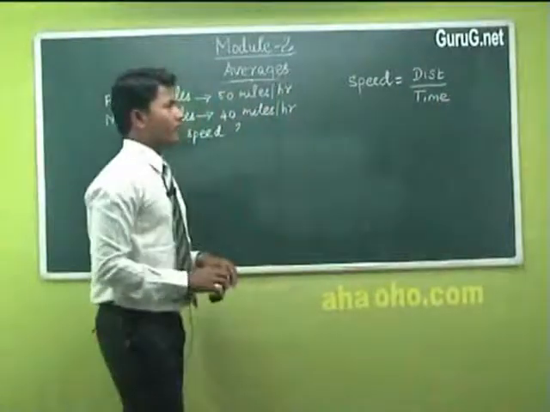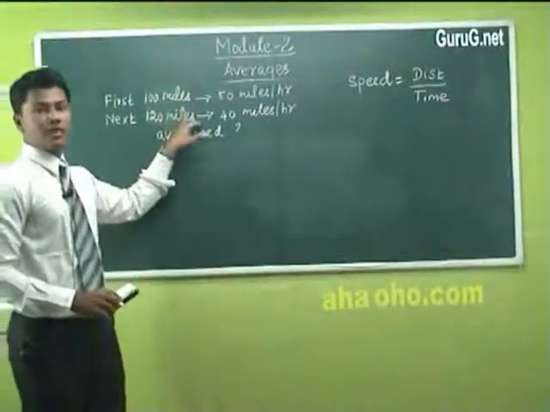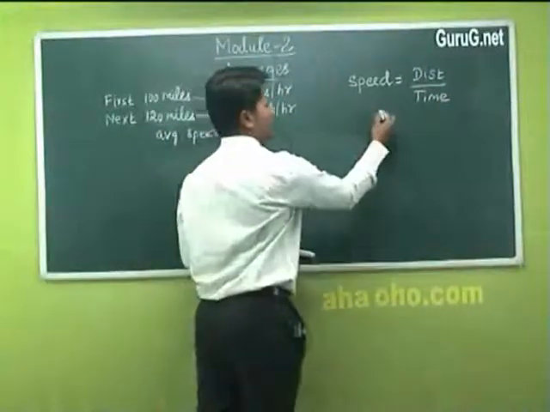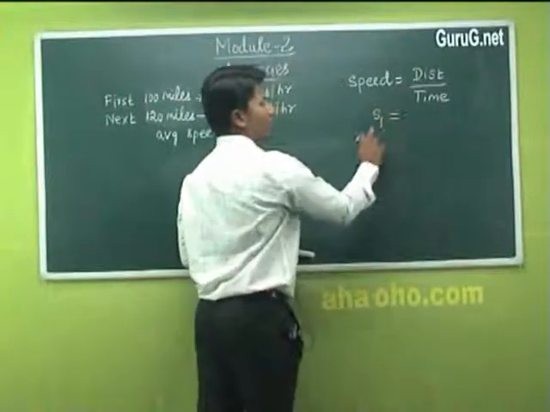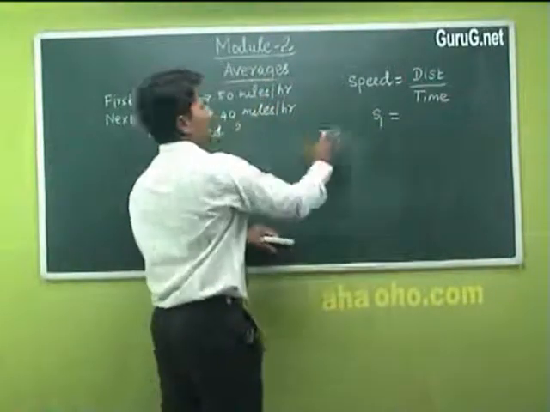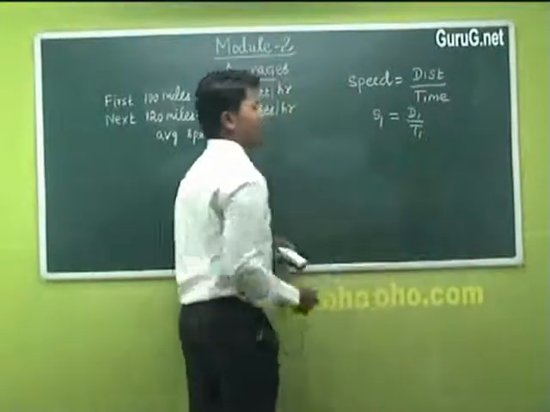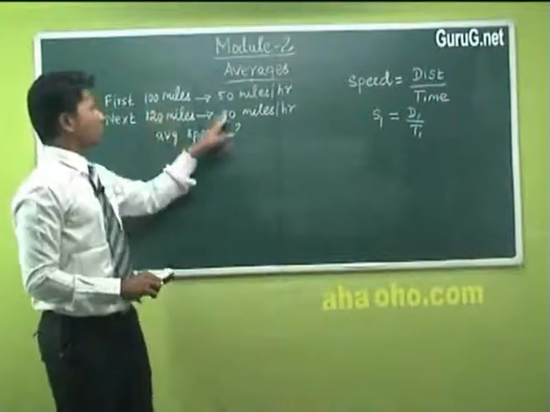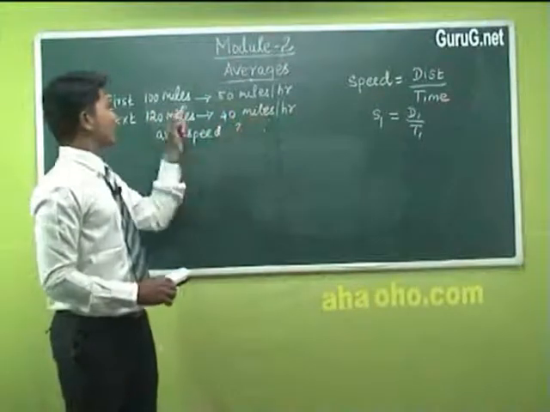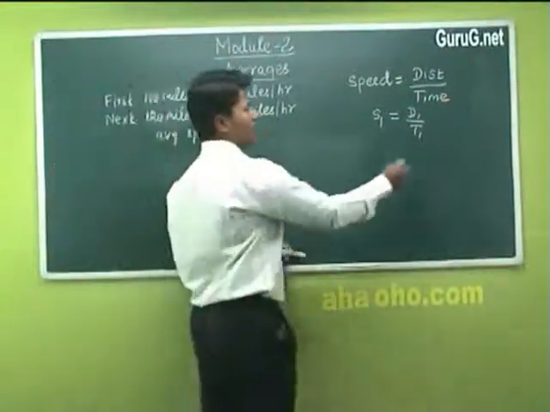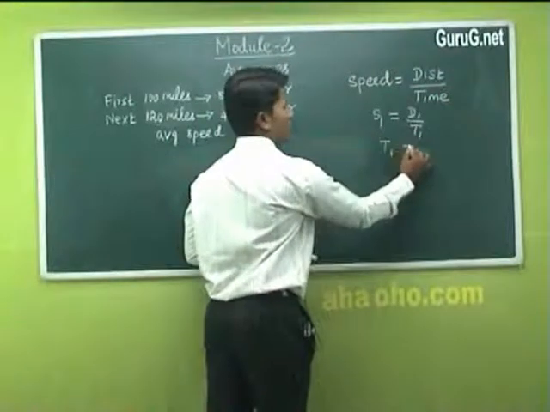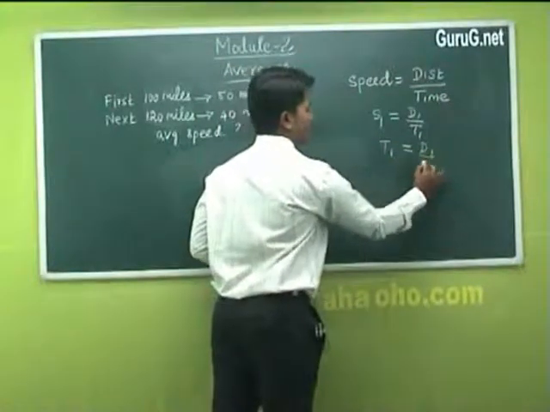Fine. So for the first distance 100 miles, you can find the speed S1. S1 is equal to D1 by T1. Consider you have speed 50 miles per hour, distance 100 miles. From this you can find time. So T1 is equal to D1 by S1.